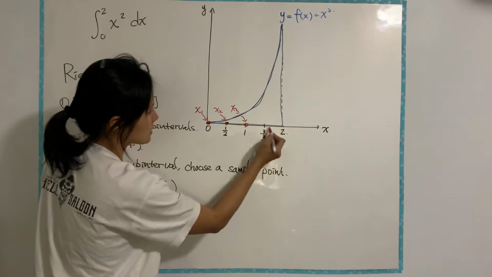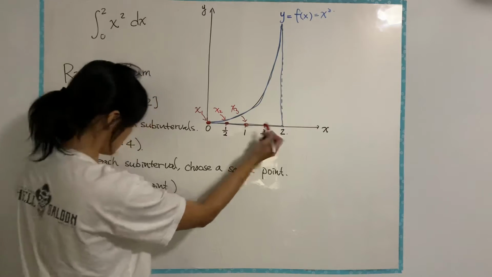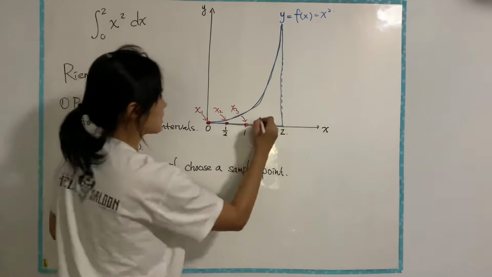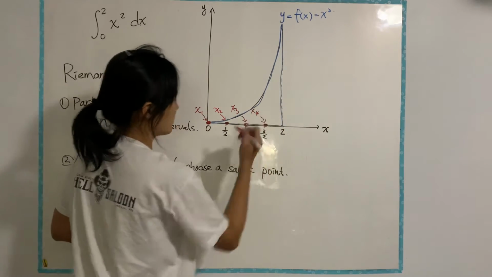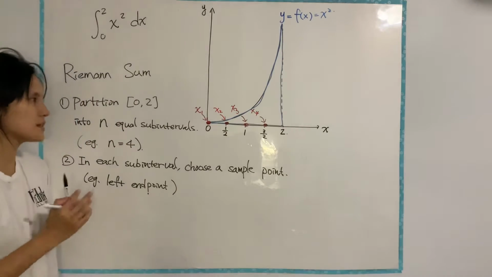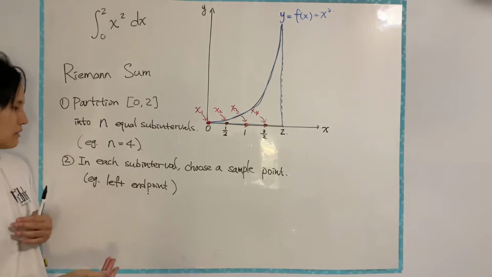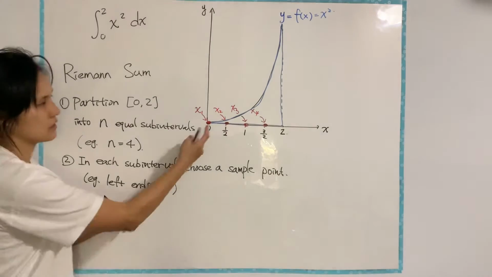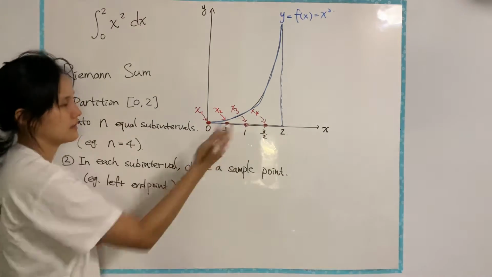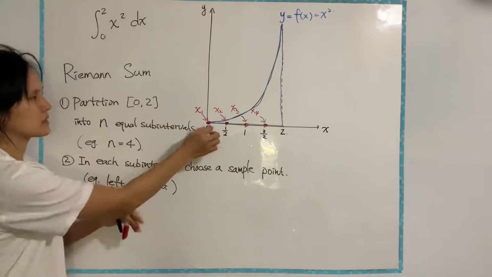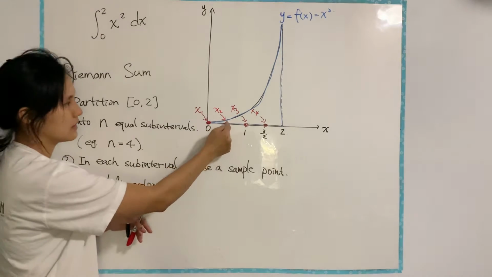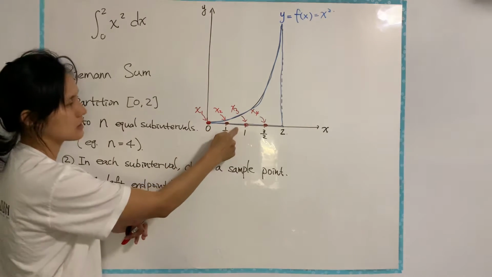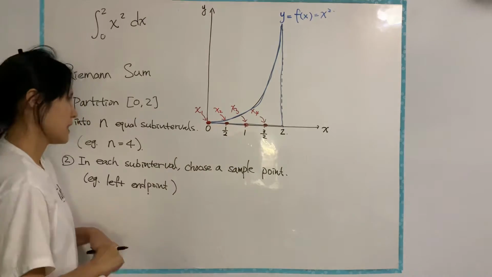For the last interval, the fourth interval, again choose the left endpoint, and that's x4. Okay, and once again, it does not have to be the left endpoint. It can be the right endpoint. It can be anything. If you want to choose something in the middle, that's fine. Okay, I just want something that's in the interval, and the second point to be something in this interval, and so on.